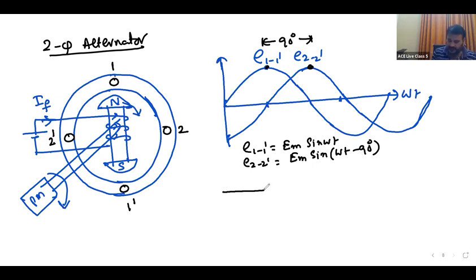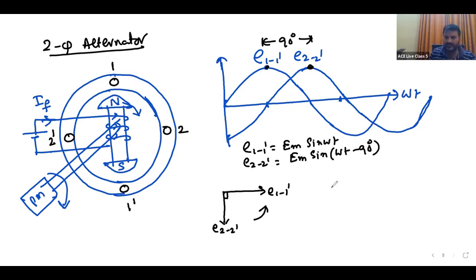If you draw this, E11 dash, but E22 dash will be here, 90 degrees displaced. Vectors are assumed to be rotating in counterclockwise direction, I am taking phasor rotation always in counterclockwise direction. Then only E22 dash lags. E22 dash lags the E11 dash by 90 degrees.